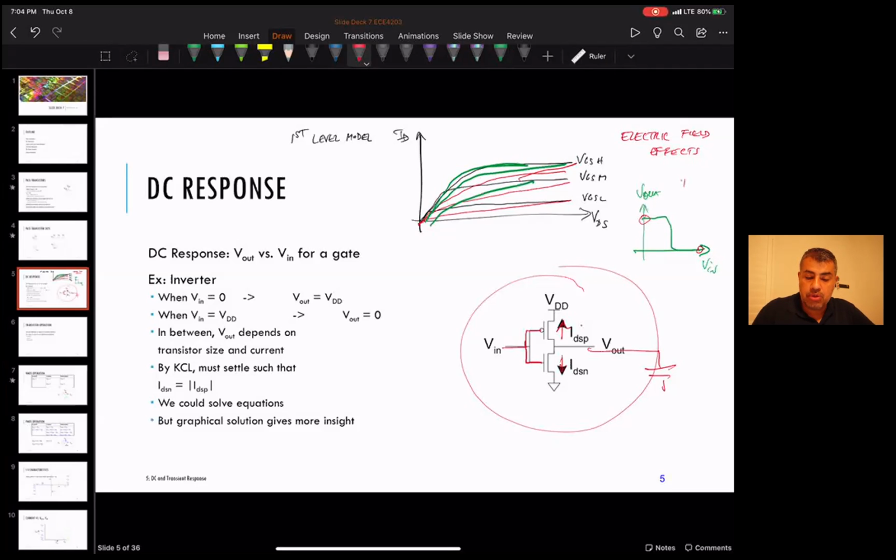So it's got a simple equation, V out: 0, VDD and VDD, 0, or 0, 1, 1, 0. The other thing we want to find out tells you how much noise margin you have. Are your logic gates susceptible to power supply noise and those kinds of things?